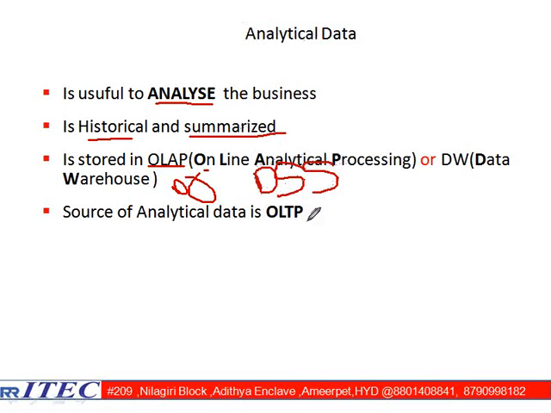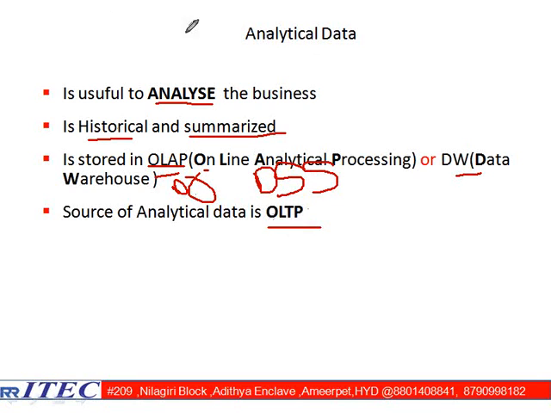So a data warehouse is also known as OLAP, and also as DSS. The source of this analytical data is OLTP. From the OLTP only we are getting this total data. Am I clear? The source of analytical data is OLTP.